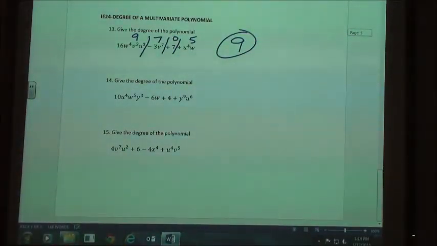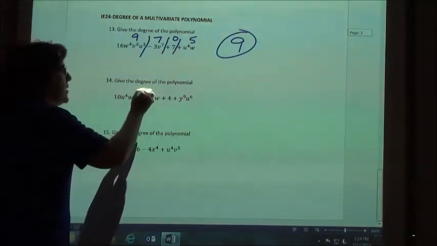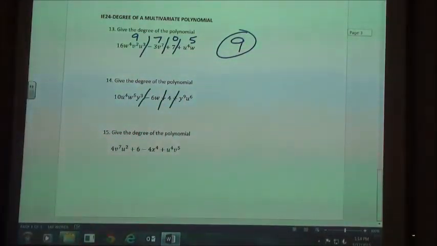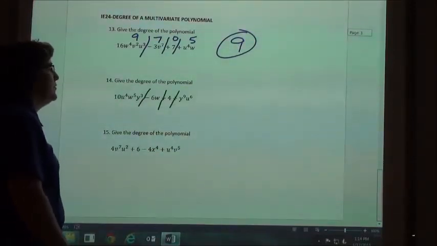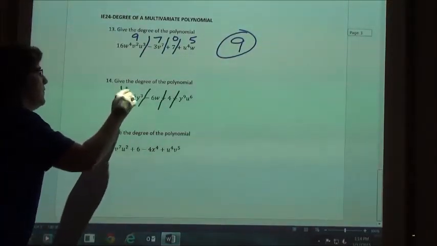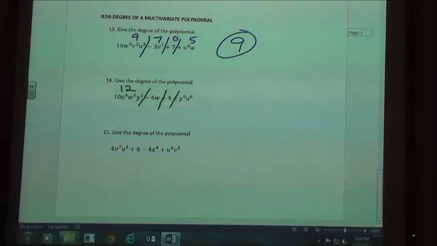So number 14, again, I'm going to separate all of my terms. They're separated by where those plus and minus signs are so that I can find the degree of each term. So if I have 10u to the 4th, w to the 5th, y to the 3rd, what's the degree of that term? 12. If I have a minus 6w, the degree of that term is 1.